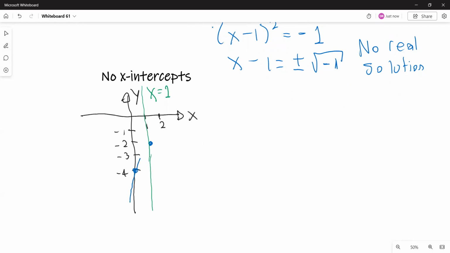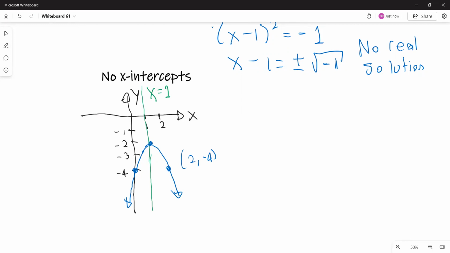So we have that part. And if the graph passes through 0, -4, it's called the axis of symmetry for a reason. That is 1 to the left, 2 down. So 1 to the right and 2 down. This will also pass through the point 2, -4. It's going to be symmetric with respect to the axis of symmetry.